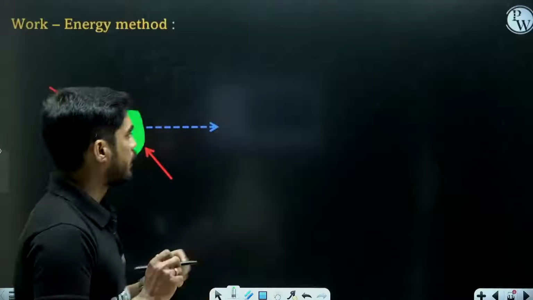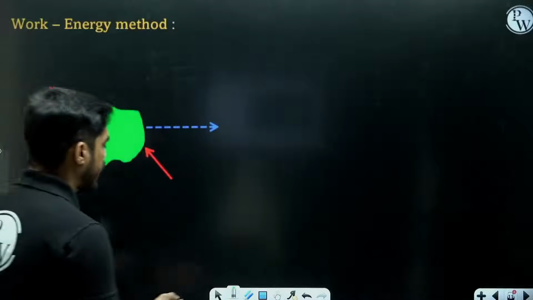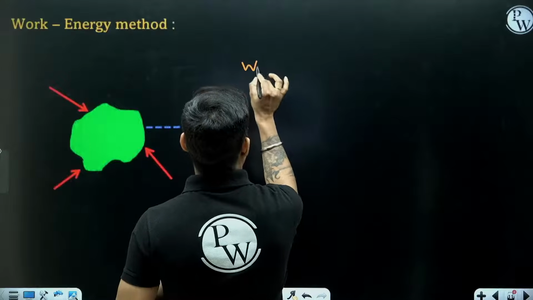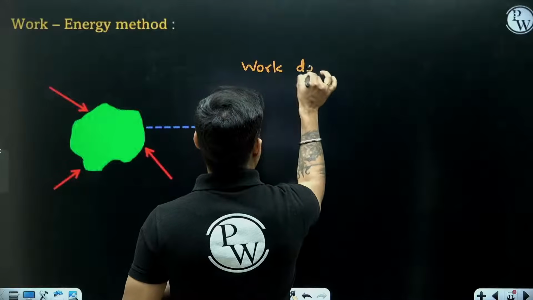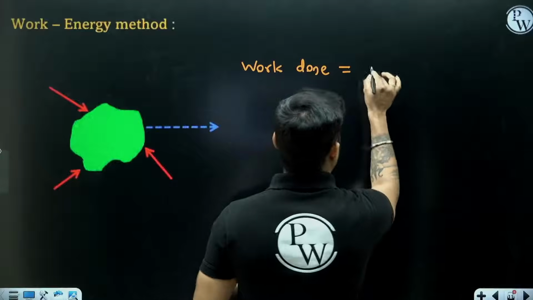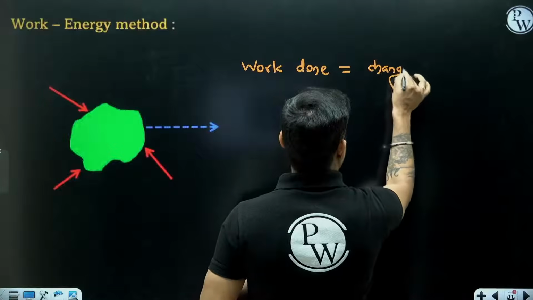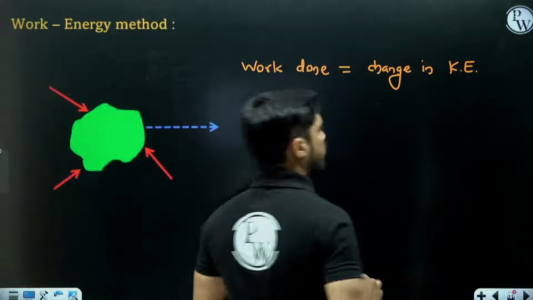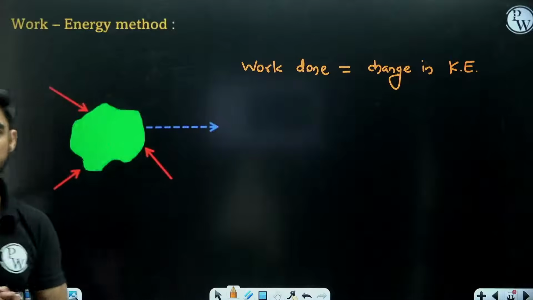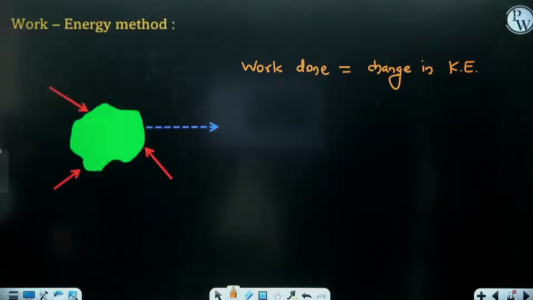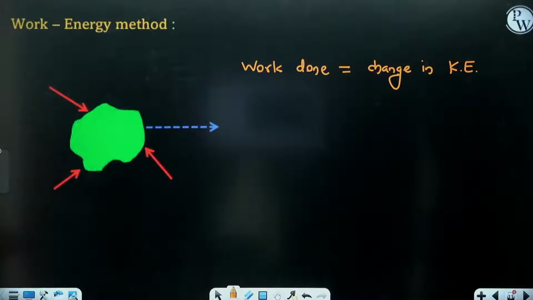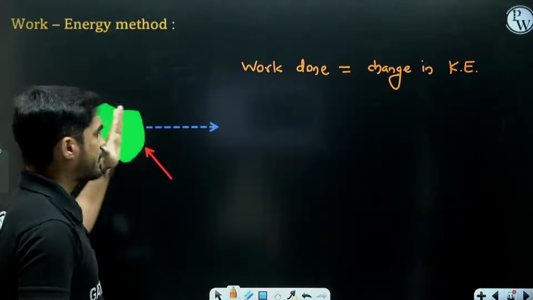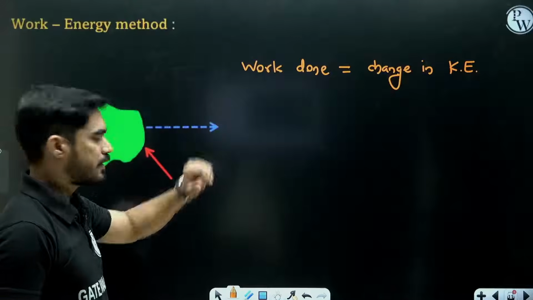Now understand. Here we can use this concept: work done is equal to change in kinetic energy of the body. Now understand, in case of translation motion, all the particles are moving with the same displacement, right?